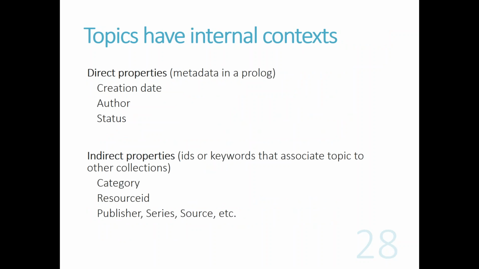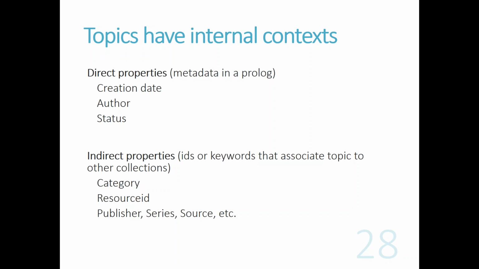When you take a look at a DITA topic, you see that it has internal context already defined for it. About half of the elements in DITA are content-specific elements within the body of the topic, but within the prologue are a whole slug of other elements that represent the metadata that can be applied directly to that topic. Those include things like the creation date, the author, the status, category. There's just a number of metadata elements available in DITA.